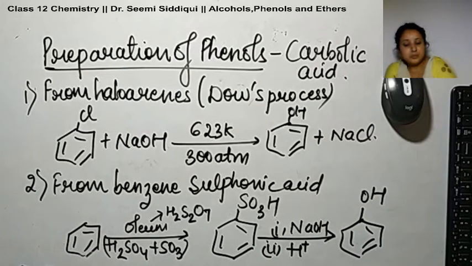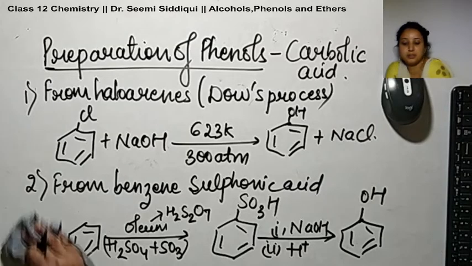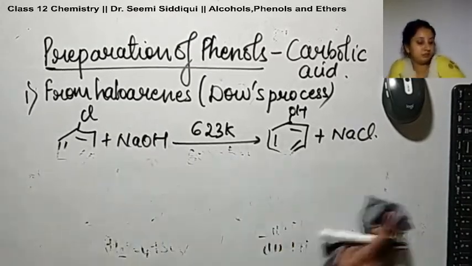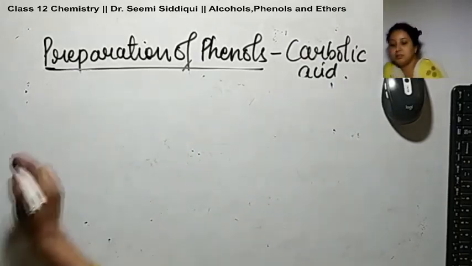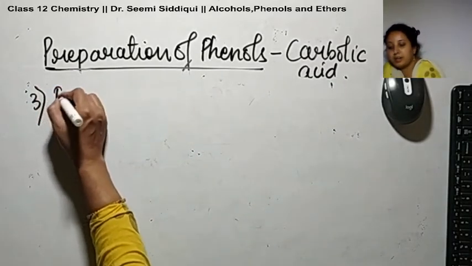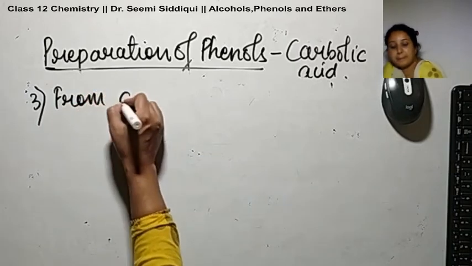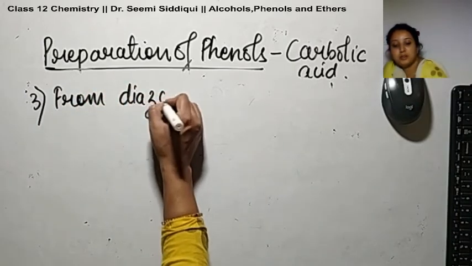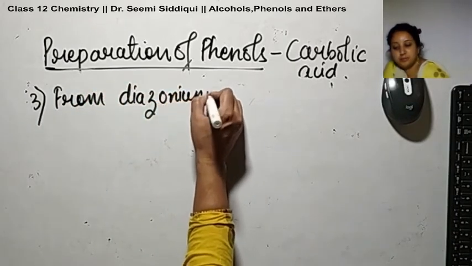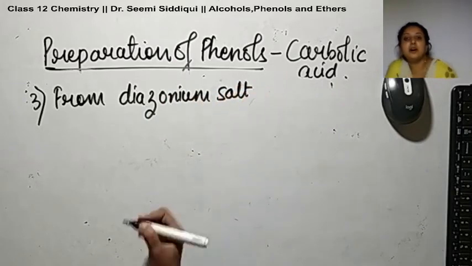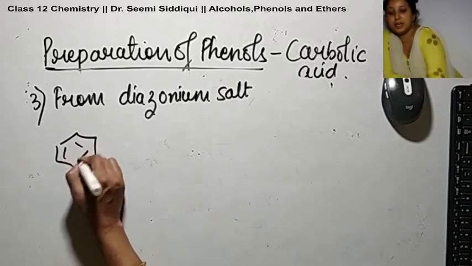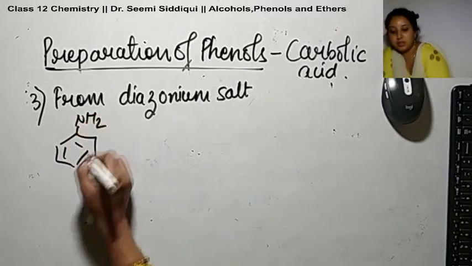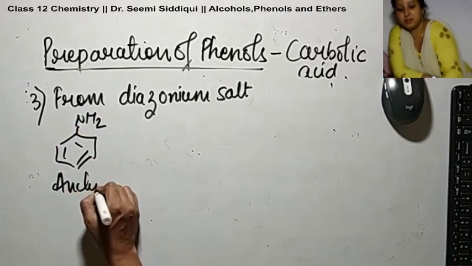Now, coming to the next preparation method, that is your third method, from diazonium salt. Whenever we need to obtain a diazonium salt, we make it from aniline.